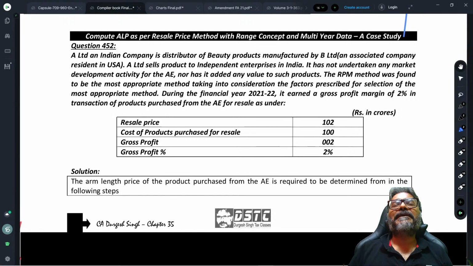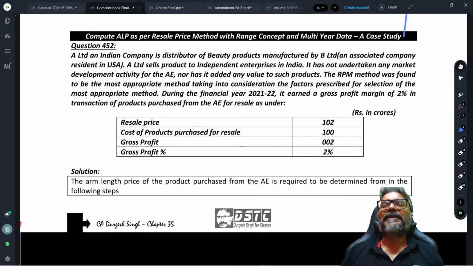The margin percentage is the game so far as these three methods are concerned. Did you all get this one? The margin percentage is the real game, and that is what you have to be very careful about.